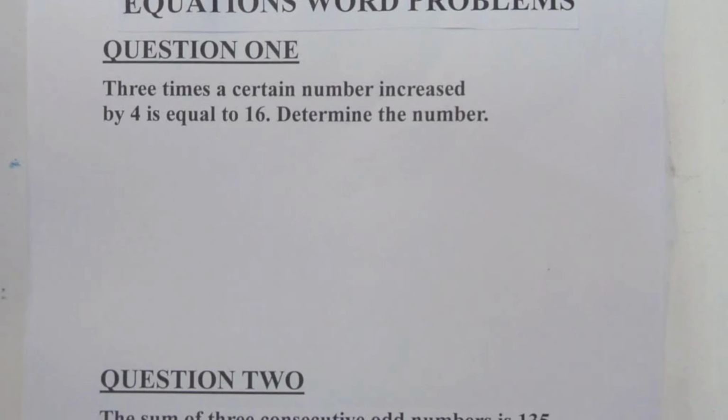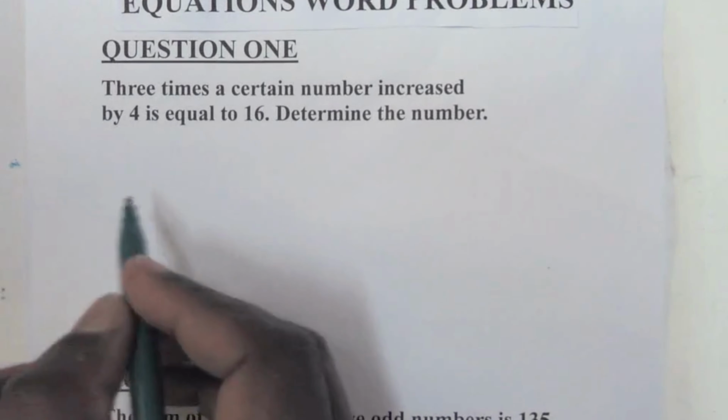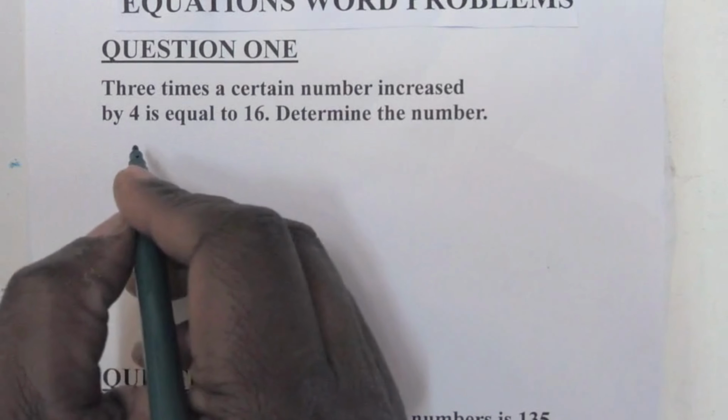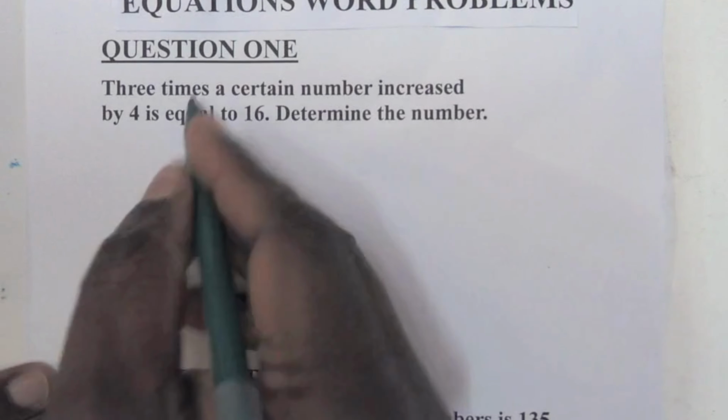In today's lesson, we are going to look at word problems. Question 1. 3 times a certain number is increased by 4 is equal to 16. Determine the number. So 3 times a certain number, so let the number be x.